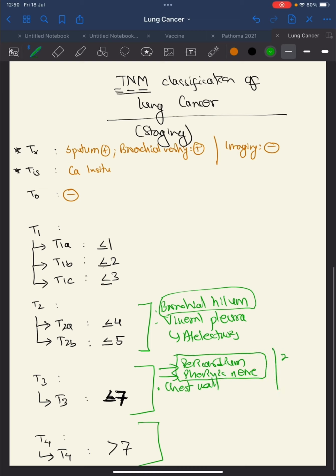In T3, two satellite nodes are seen in the same lobe. While in T4 the tumor is more than 7 centimeters.